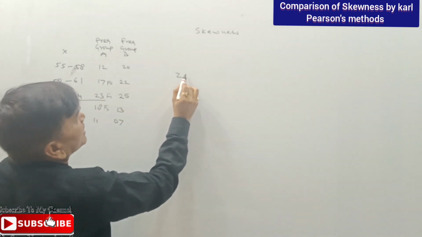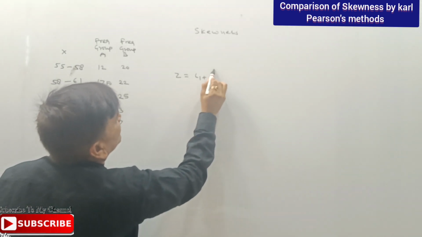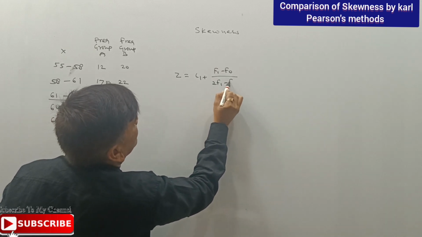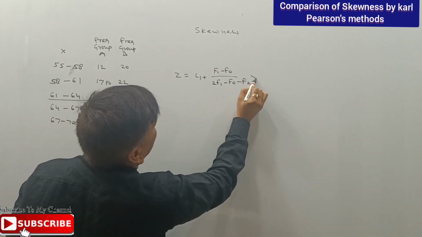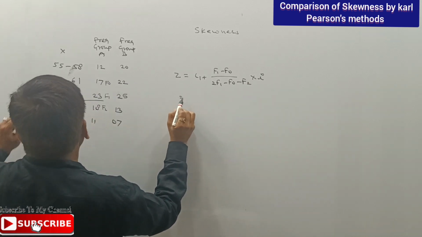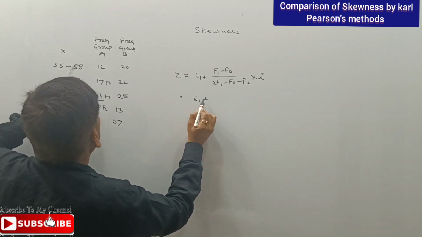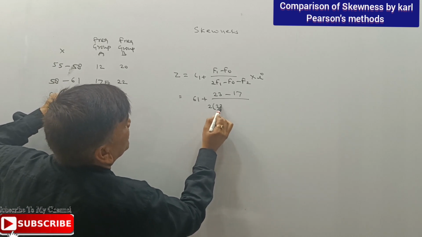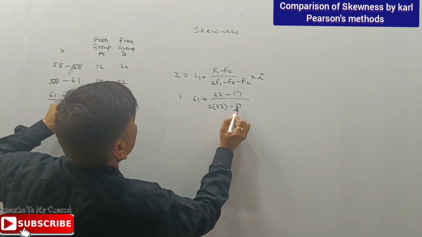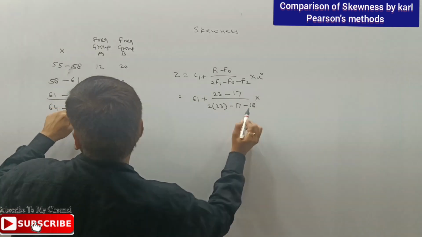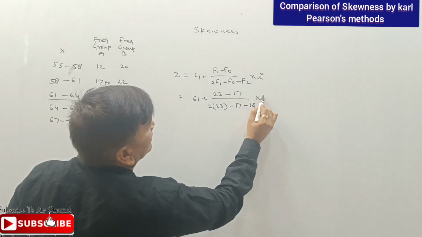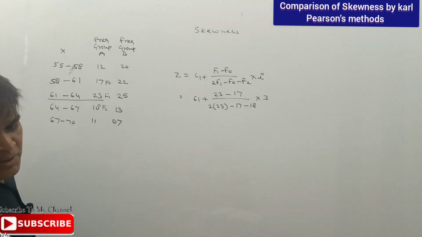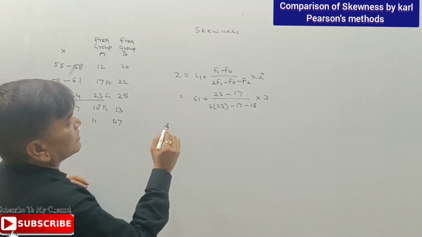The mode Z is equal to L1 plus (f1 minus f0) upon (2 f1 minus f0 minus f2), multiplied by i. L1 is the lower limit, so Z is 61 plus (23 minus 17) upon (2 times 23 minus 17 minus 18), multiplied by the class width 3.